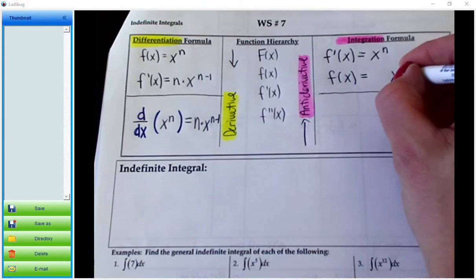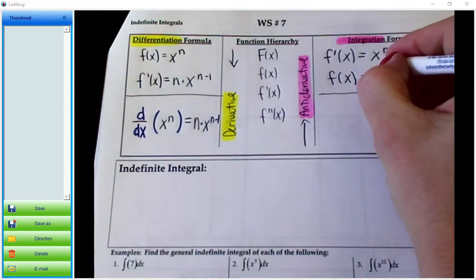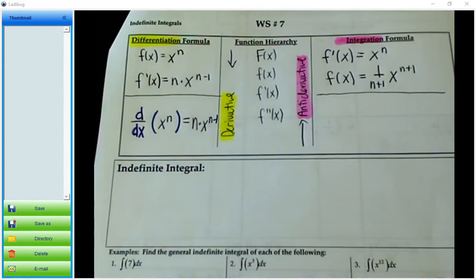I increase, right? We're going up. So I'm increasing the power. And then I'm dividing by that same number. I like to write it in front so that I can really see that coefficient. So far, that's stuff that we've already talked about.